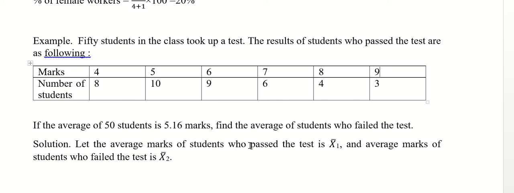So let the average marks of the students who passed the test be x bar 1, and the average marks of the students who failed the test be x bar 2. We have divided the whole data into two parts: pass and fail.